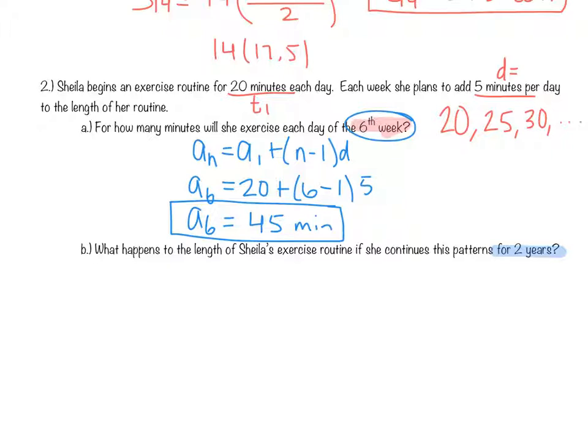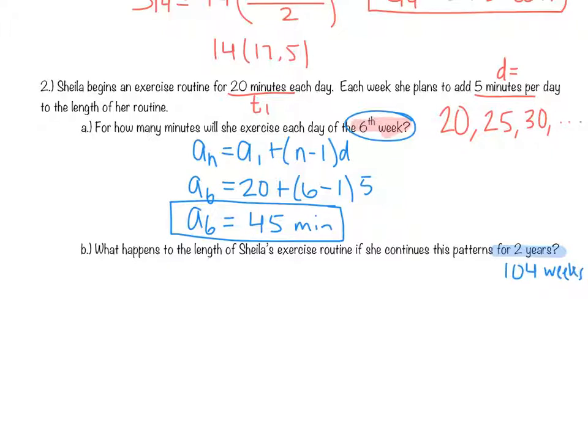So we have to figure out, how many weeks is that? So the first week it's only 20 minutes, but the second week it's 25, and then 30, and 35, and 40 for each week. So you have to figure out, how many weeks are in 2 years? Well, since there's 52 weeks in a year, 2 years would be 104 weeks.